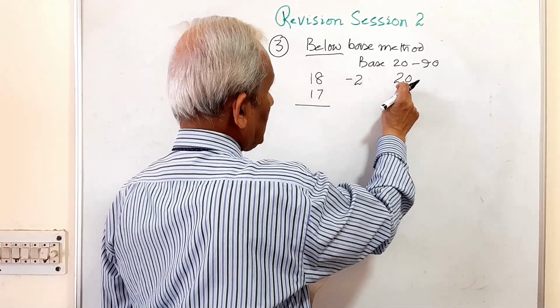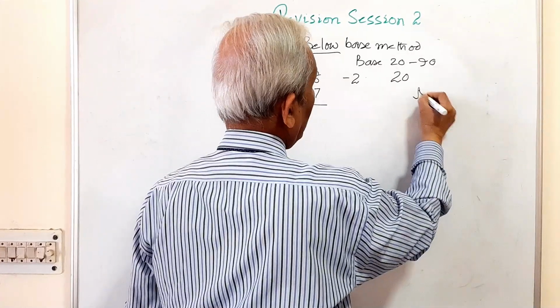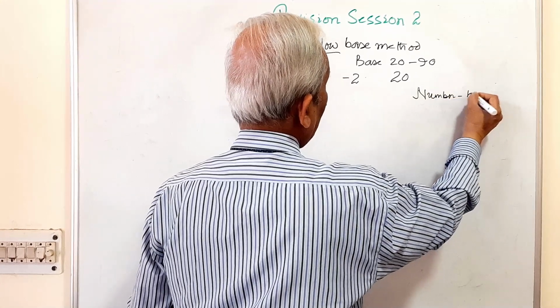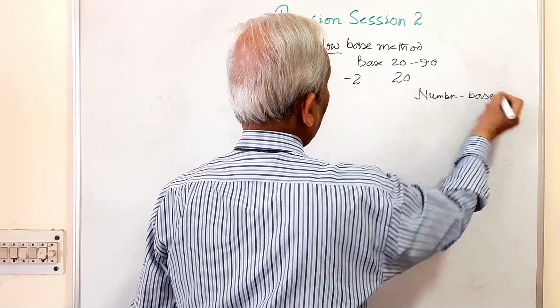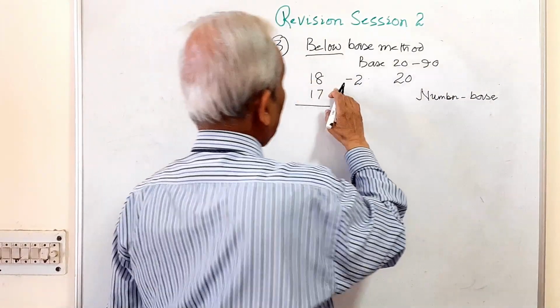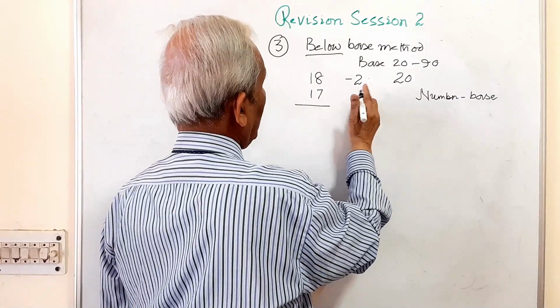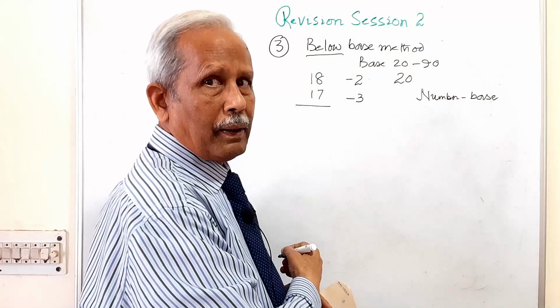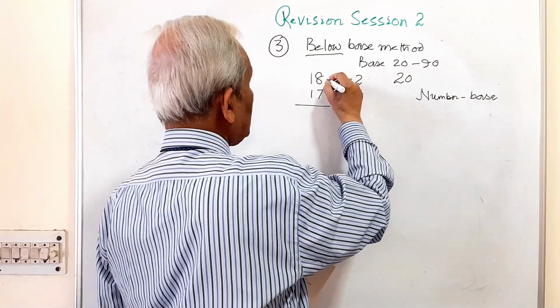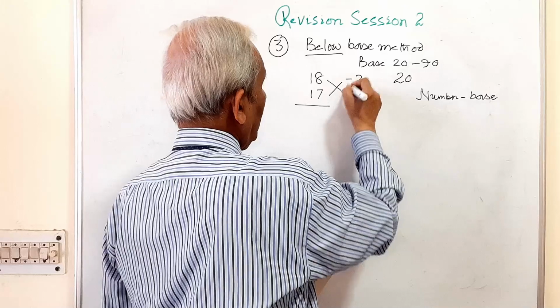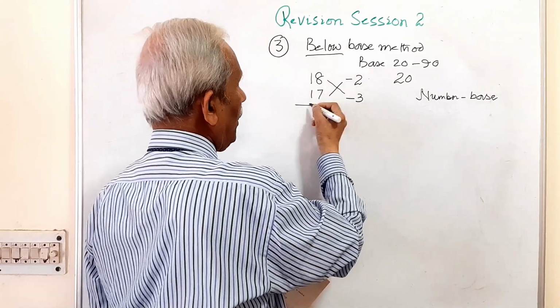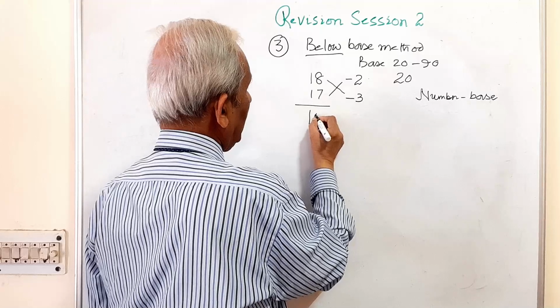The number minus the base, always. So 18 minus 20 is minus 2, 17 minus 20 is minus 3. Now cross subtraction, because both are negative numbers, cross subtraction is 15 in both the cases, 18 minus 3 or 17 minus 2, it is 15.